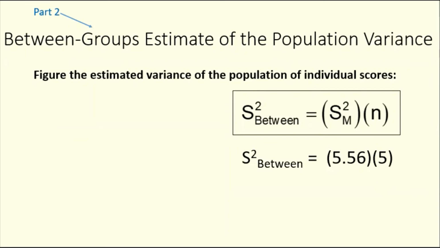And so specifically, we're going to just plug in the number for that distribution of means value, multiply by n, and n here is going to be the number of scores in a single group. And remember, our groups have equal numbers of people in them each. We do that multiplication and we get 27.80.